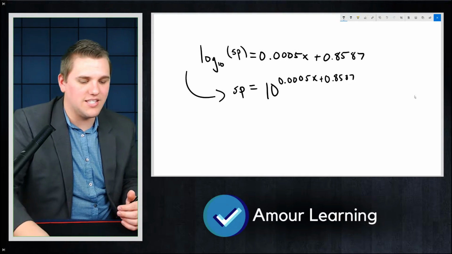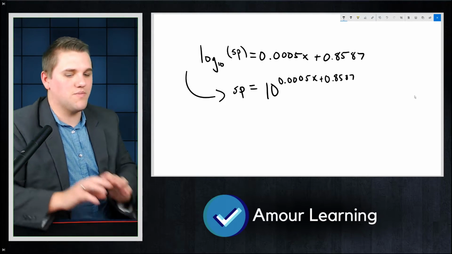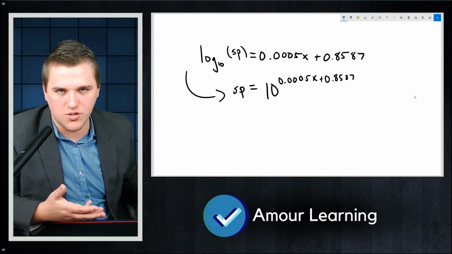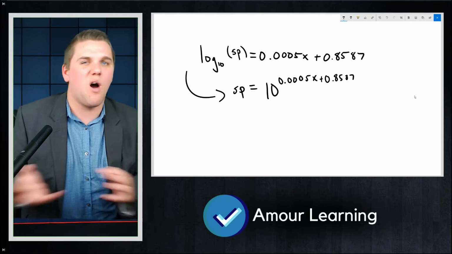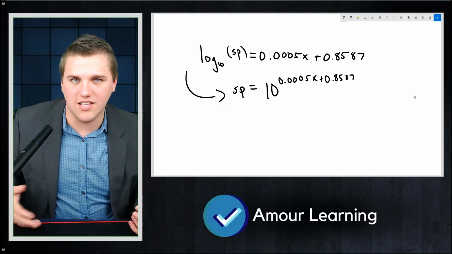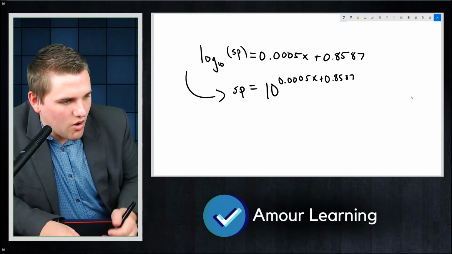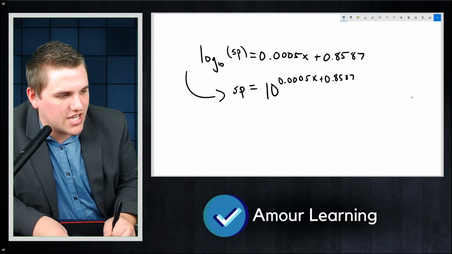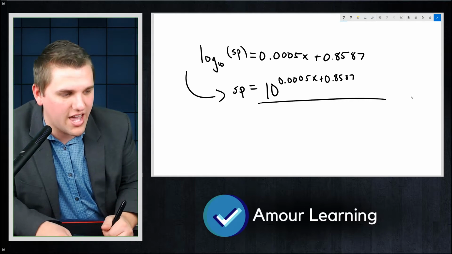But the idea is that this is just inverse functions. We're just doing some inverse functions. And if you're unfamiliar with inverse functions and what I'm doing here, you can take a look at some of my algebra videos. So we have a model to predict the stock price given our x value, and this function right here is technically exponential.